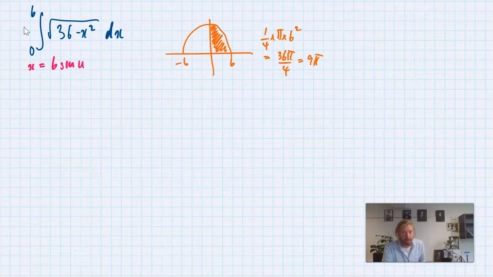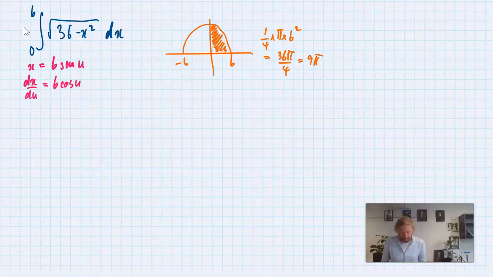Now that's a little bit funny, but let's work with it and see what happens. If I know that x equals 6 sine u, then dx du is equal to, sine goes to cos, right? 6 cos u. Rearranging for dx, as we've done in the past, dx equals 6 cos u du.